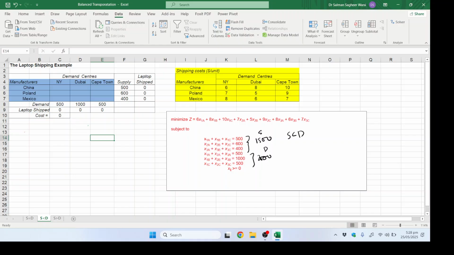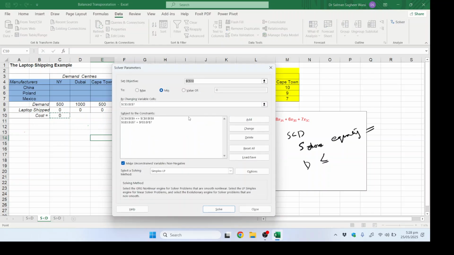When supply is less than demand, the supply constraint is written with the equal sign, and the demand with the inequality sign. Now we will have a look at it.